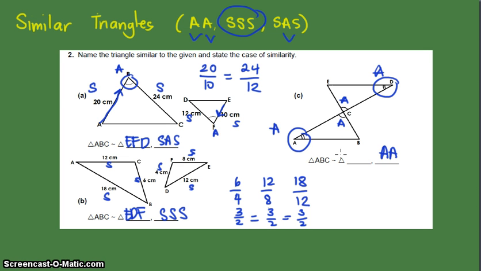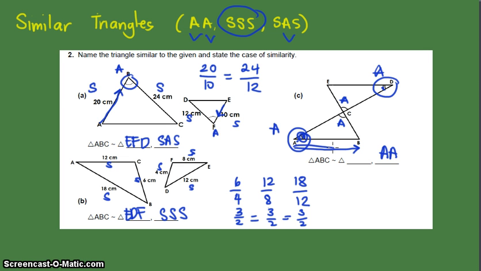To name the second triangle, ABC goes like this. A, then you go to B, then you go to C. From the side line here, you end with the angle that is known. So you started with the symbol. There's a symbol here. So when you name the second triangle, you start also with that same symbol.